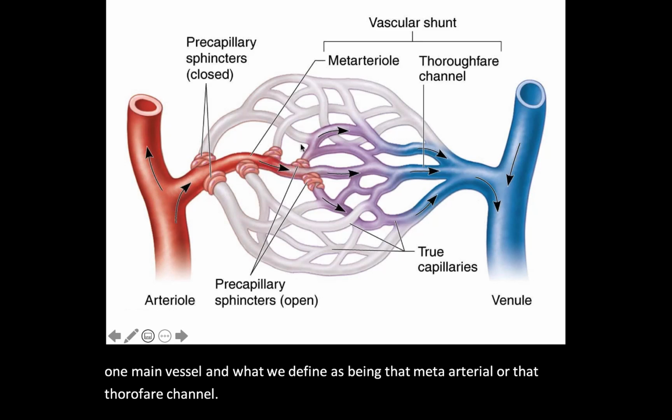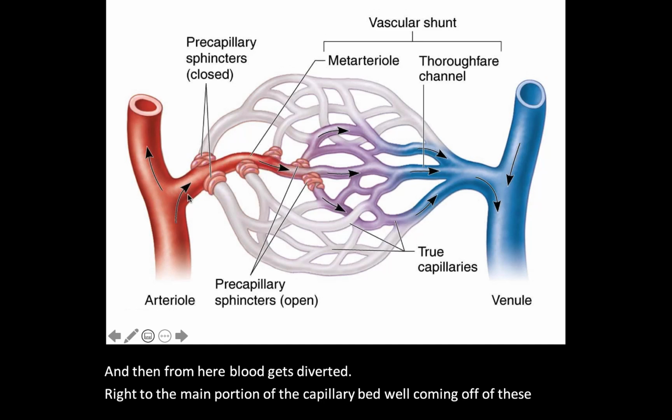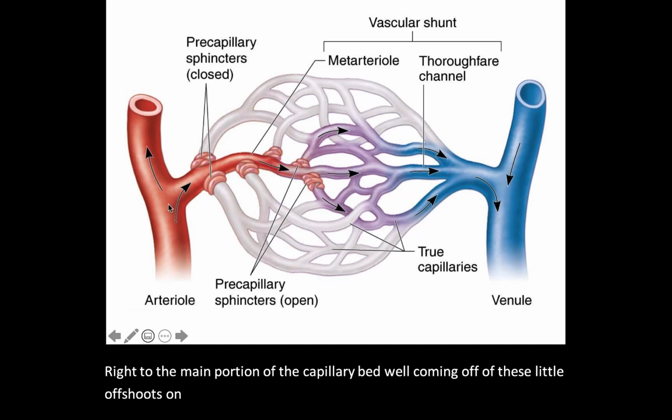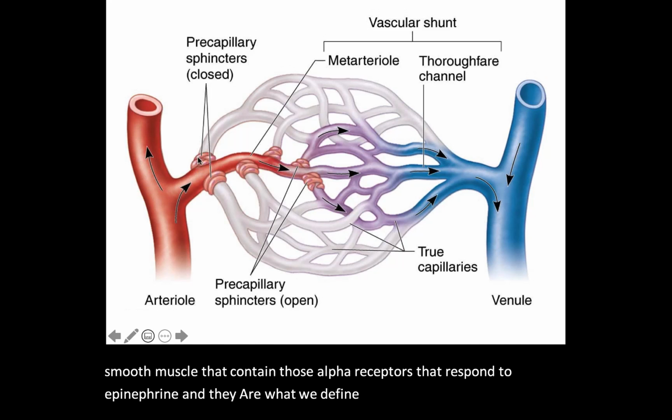And then from here, blood gets diverted to the main portion of the capillary bed. Coming off of these little offshoots on the arterial end are these little ridges of smooth muscle that contain those alpha receptors that respond to epinephrine. And they are what we define as precapillary sphincters.